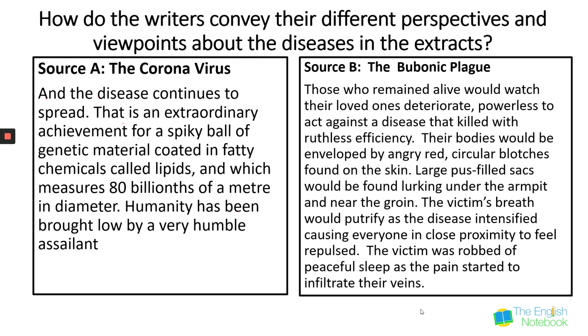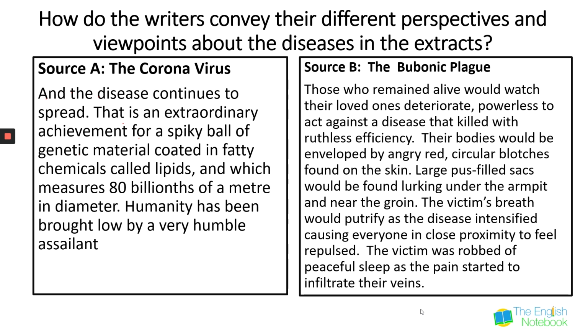Right, so this extract on the left-hand side is your source A on the coronavirus, and this extract is from the newspaper last week, right? And then source B is an extract from one of the diaries from someone who actually captured some of his thoughts on the bubonic plague at that time.